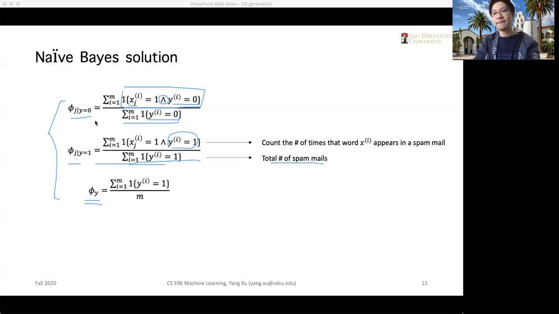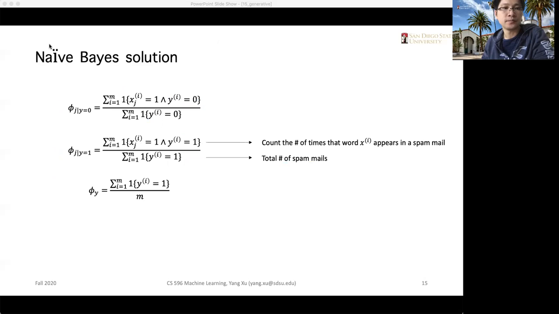This is a quite intuitive solution because the parameters have clear meanings. All we need to do is collect all the spam mails and non-spam mails, and then within the spam mails count how many times the word, for example "buy", has appeared, versus the count for other words.